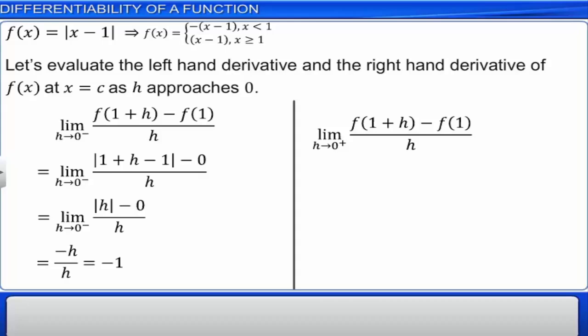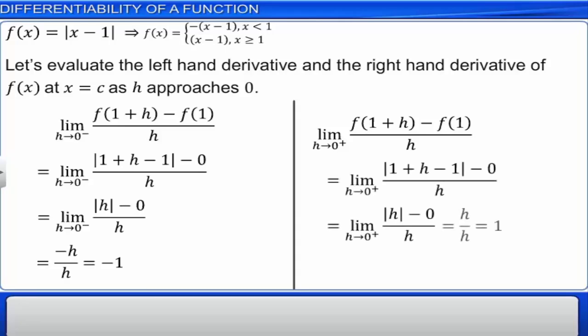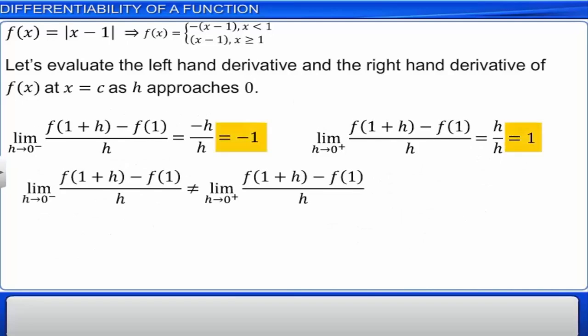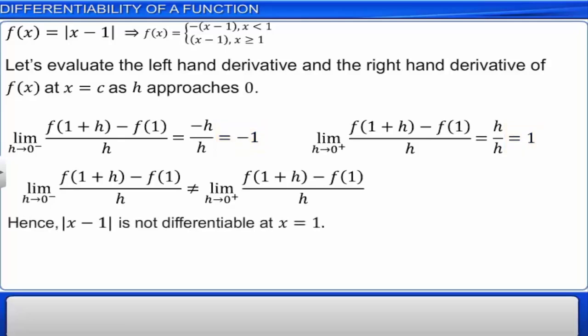Clearly, the two limits are not equal. Hence, |x - 1| is not differentiable at 1. Hence, we can say that all continuous functions need not be differentiable.